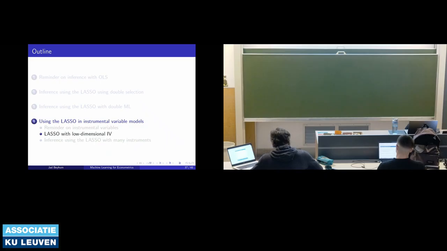So now, let's see what happens when you move to a high-dimensional dataset. There are different cases. First, there is a low-dimensional IV case, and then there is a high-dimensional IV case.